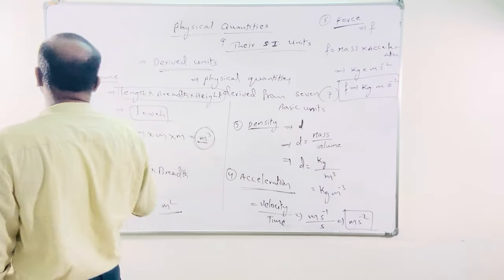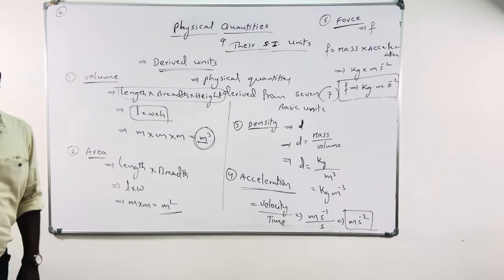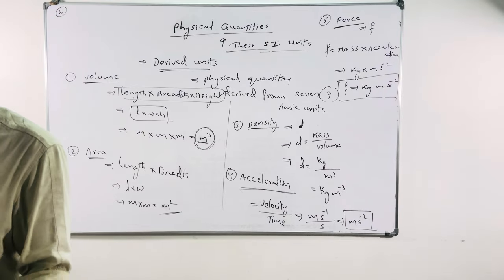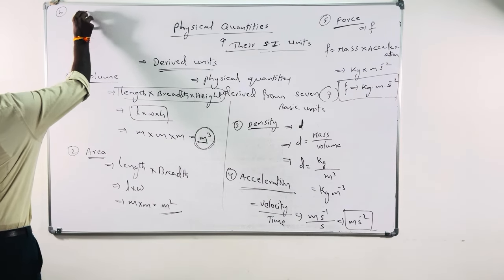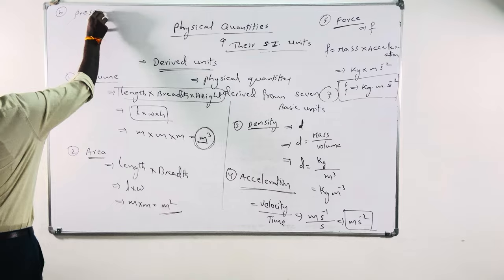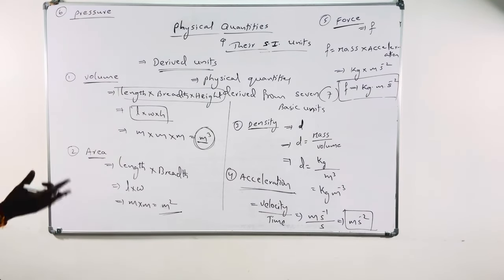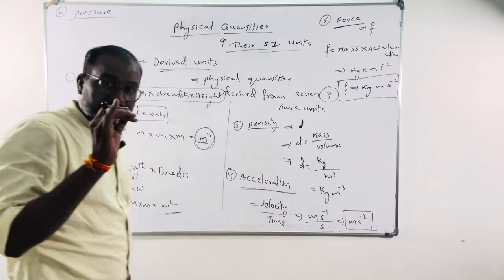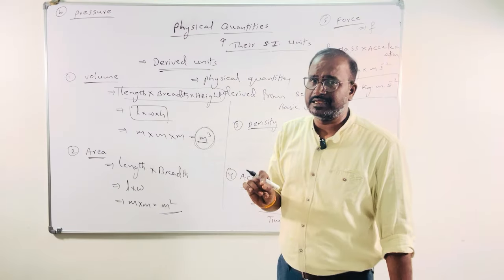And the sixth property is the sixth derived one. The most important we require is pressure. This is also a derived unit. In chemistry, we must require the pressure unit. That's why it is a physical quantity.